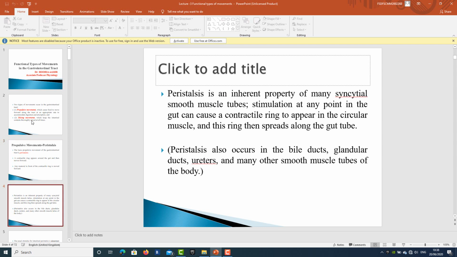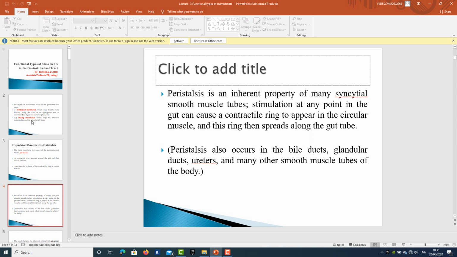Peristalsis is an inherent property of many syncytial smooth muscle tubes: if stimulation takes place at any point in the gut, it can lead to a contractile ring appearing in the circular muscle, and this ring then spreads along the gut tube.